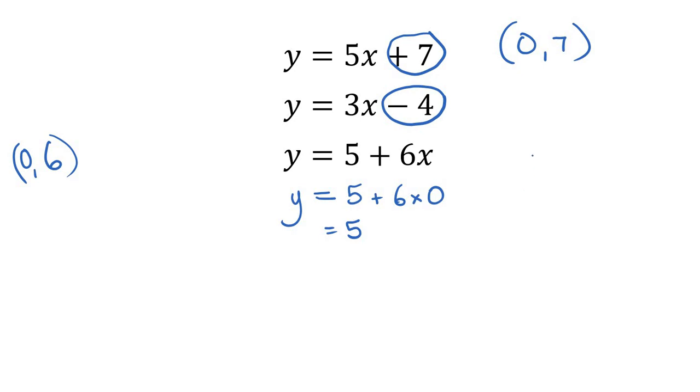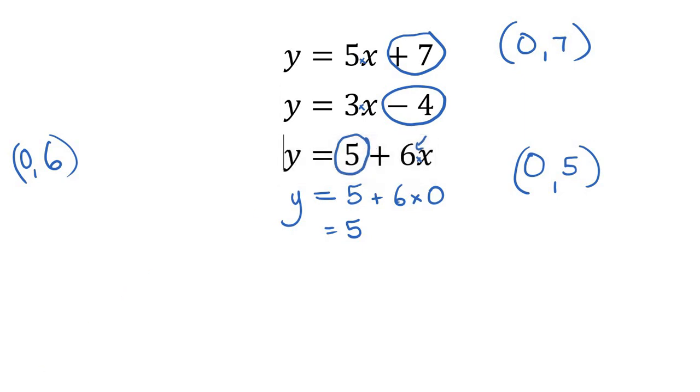So our y-intercept occurs at 0, 5. Remember, it's not about what position or what order they're in. The y-intercept is the constant. Can you see that these are 5 times x, 3 times x, 6 times x? That 6 is multiplied by the x. It's the 5 that's on its own. If I substitute 0 in for x, 6 times 0 is 0, and I'm left with the 5. So be very careful. You're looking for the value that's on its own.